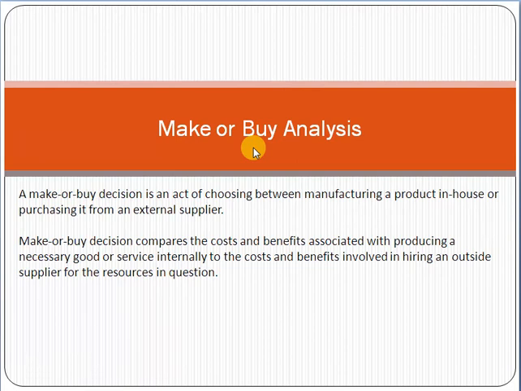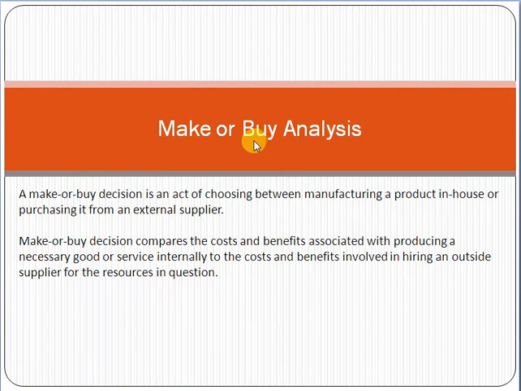Okay, friend. Now, whenever we talk about analysis, that means you will analyze all the factors like cost, time, risk, issues, bottlenecks, etc. If we go for make, what is the cost required, what is the time required, what are the bottlenecks. If we go for the buy decision, what is the time required, the cost required, what are the bottlenecks, risks and issues in that decision.